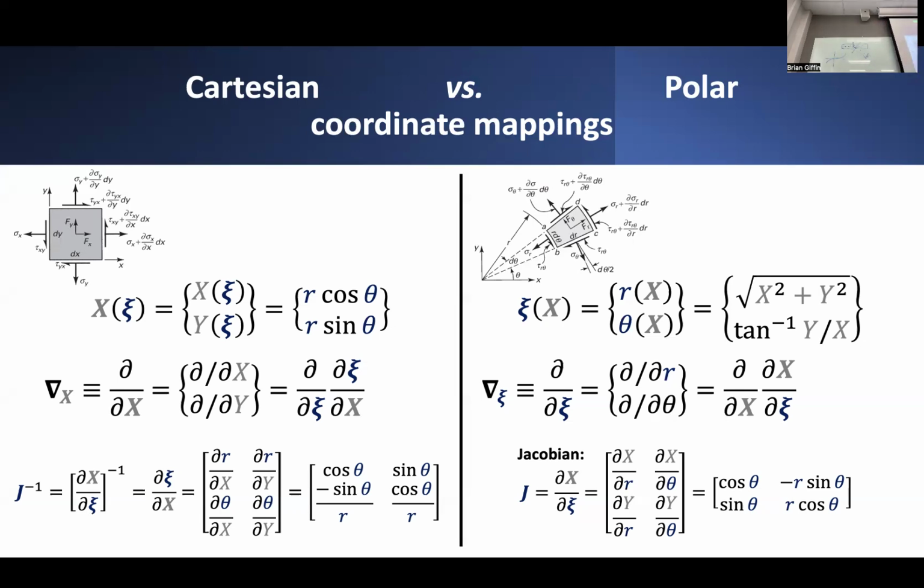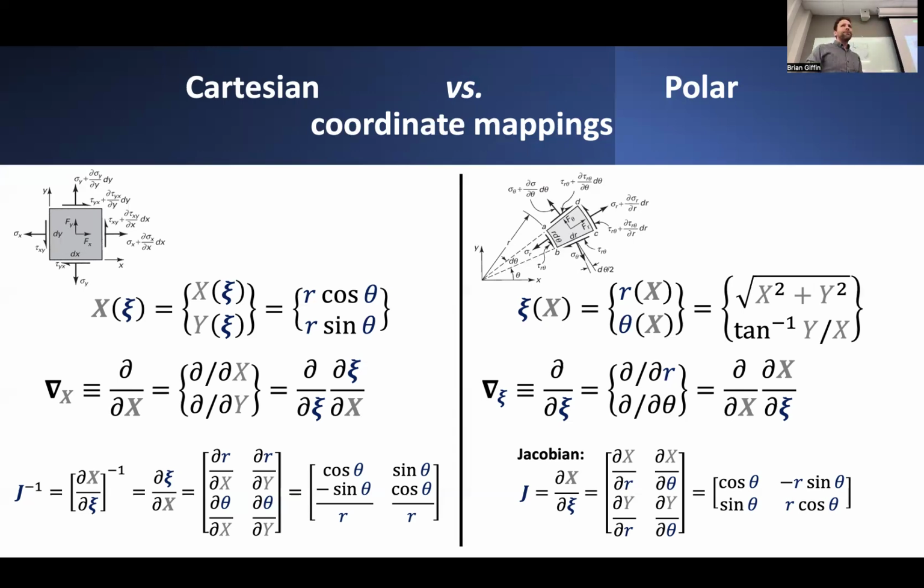I'm going to call this thing psi, or you could think of it as a set of parametric coordinates that parameterize these positions x and y. And in general, I can represent both x and y as functions of both r and theta, or as this 2D vector of values, psi.